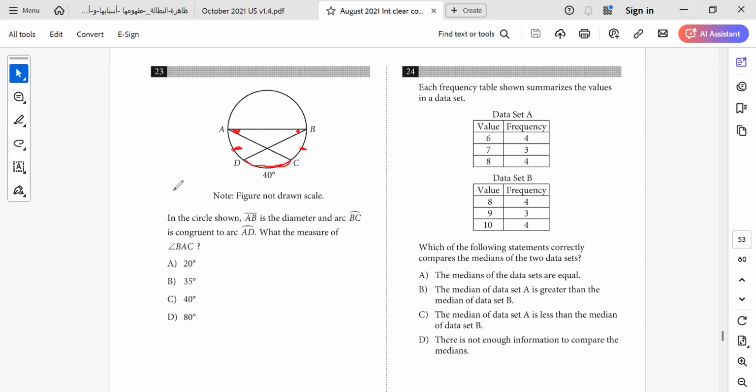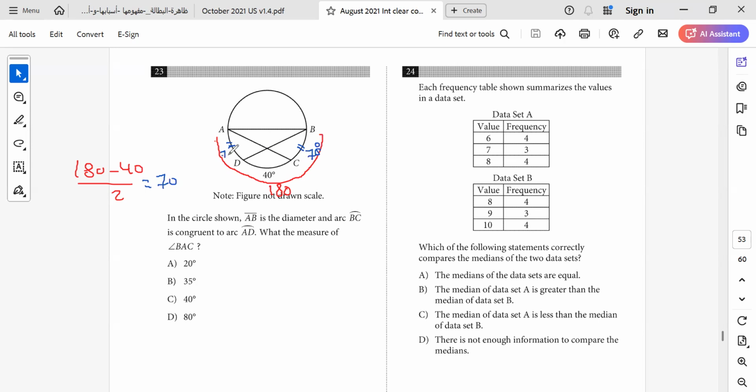I know half the circle is 180. So 180 minus 40, divided by 2. Why divided by 2? Because he told me that these arcs are congruent, so they are equal. It gave me 70. So this arc is 70.